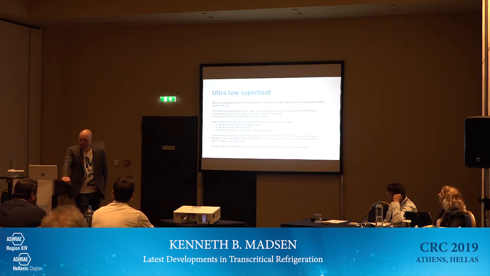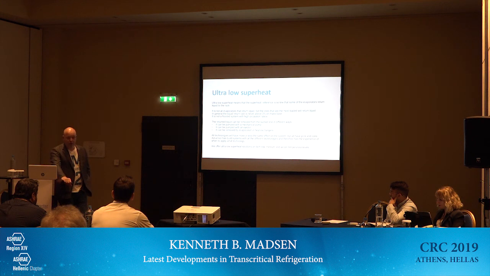The downside is that when we lower the superheat, we also get liquid back from the evaporators, and we need to handle that somehow. We can either do it with a pump, we can evaporate the liquid, or we can use an injector to remove the liquid. That's basically three options, and there are probably more.